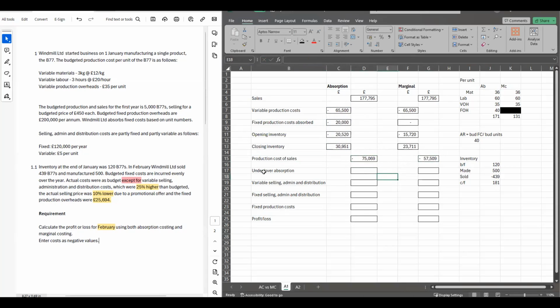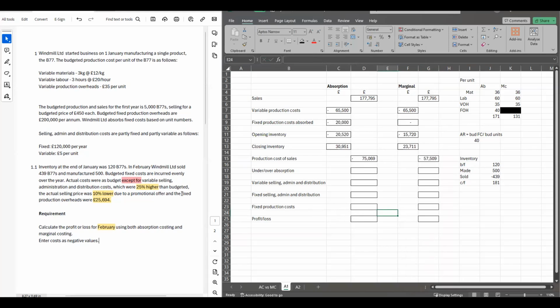Now, in terms of the under or over absorption, this box really should be done in parallel with this fixed production cost line down here, because this fixed production cost is the period cost for the fixed production cost. And this is effectively under the marginal cost column. This is where we're going to just put the actual fixed production costs incurred in the period.